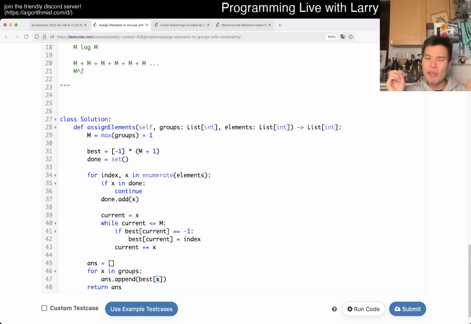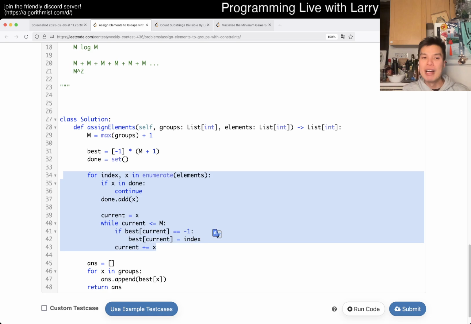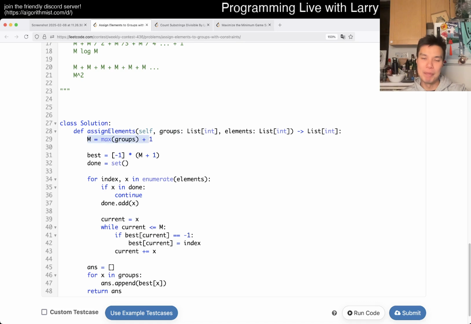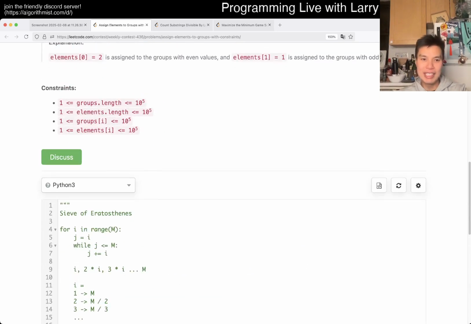Like I said, there are other ways that you can have the same idea, but I think they're all going to be very similar. And as a result, this is going to be M log M, where M is actually not either of those sizes, but the maximum number, or the range, which in this case is 10 to the 5th, which matches the other numbers.